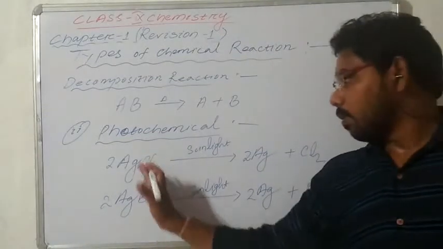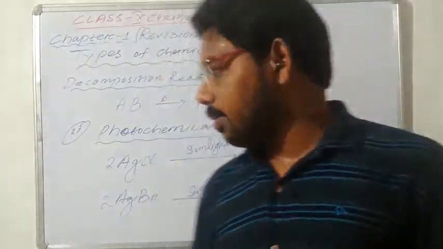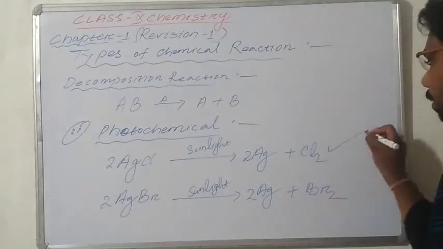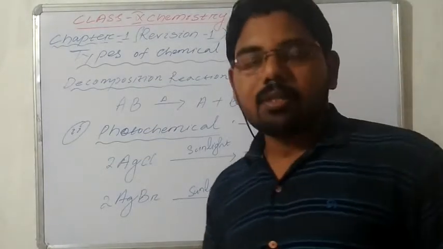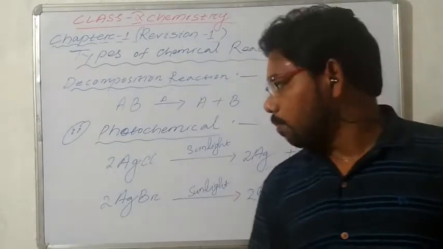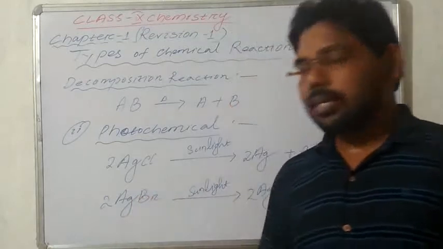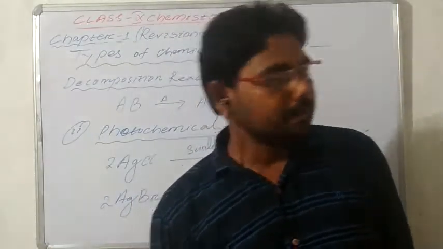Silver chloride and silver bromide decompose in the presence of sunlight to form silver and chlorine and bromine gases respectively. These reactions are used in black and white photography. It is most important in short question form also.